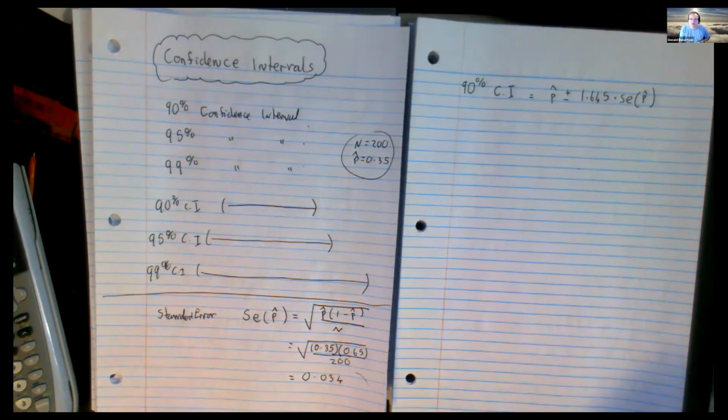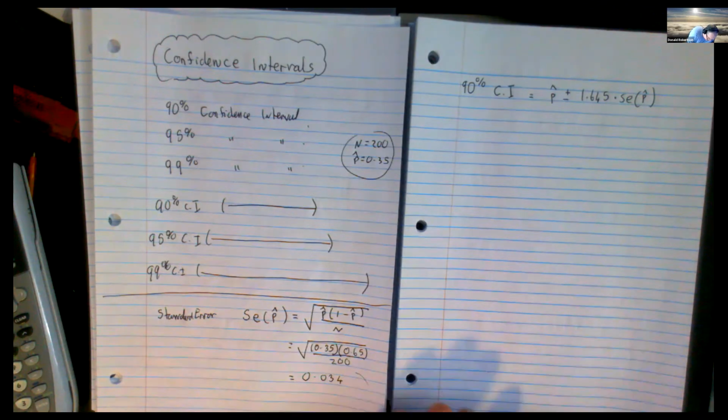Now you might be curious, from where did this 1.645 come from? It is a fixed number. That's the number that makes a 90% confidence interval happen. You just memorize it, you write it down somewhere. If you do it enough times, you just get used to using it.